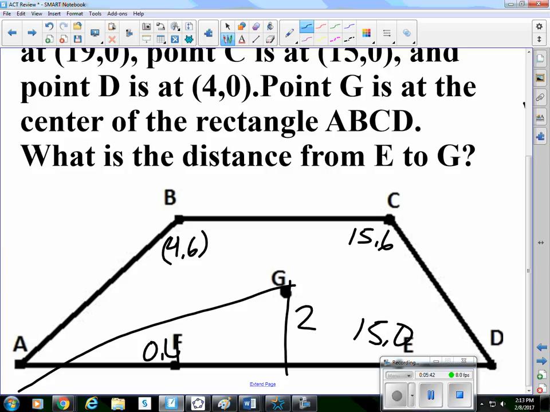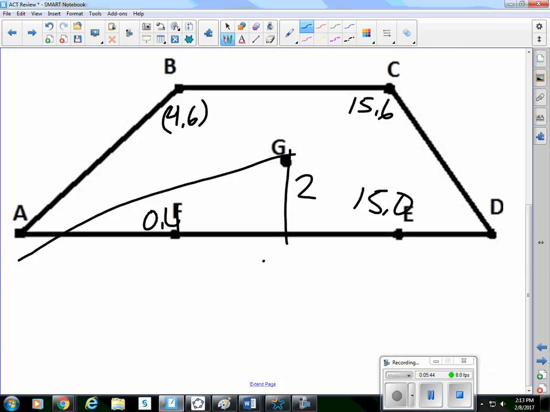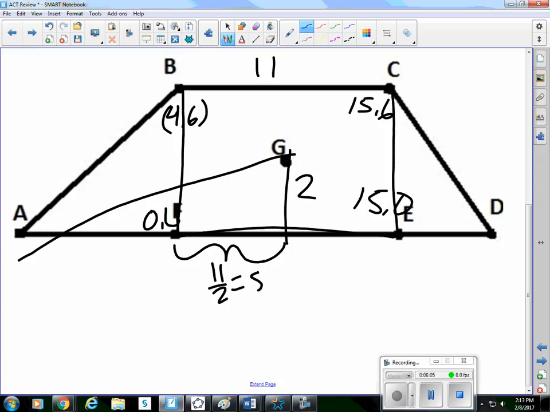And we know that the length from B to C is 11. So G is in the center of this rectangle. And so this one is half of 11, 5.5. And this one is 4.